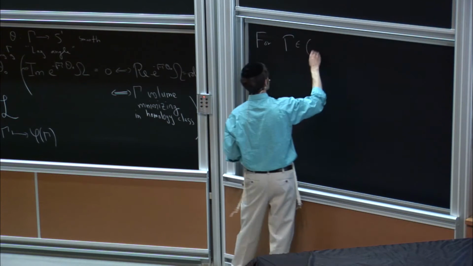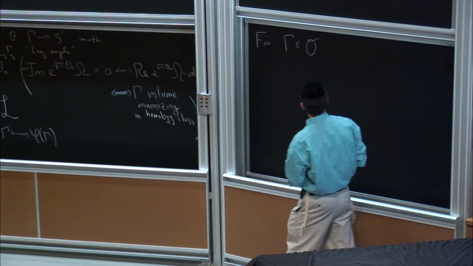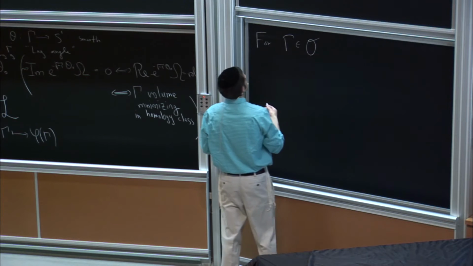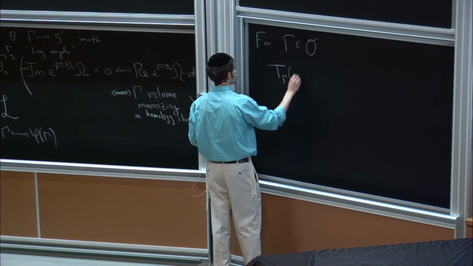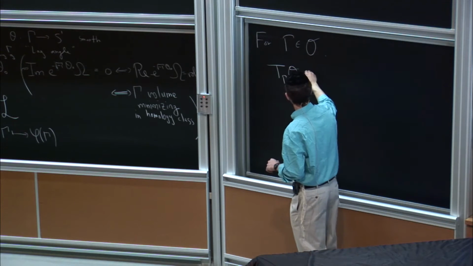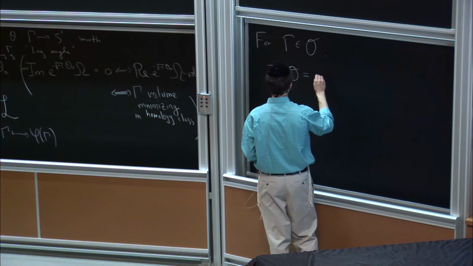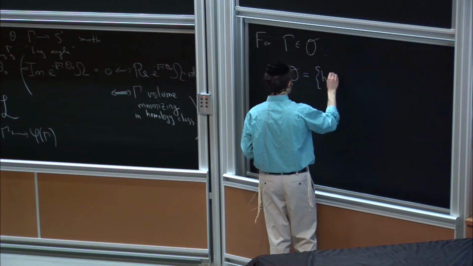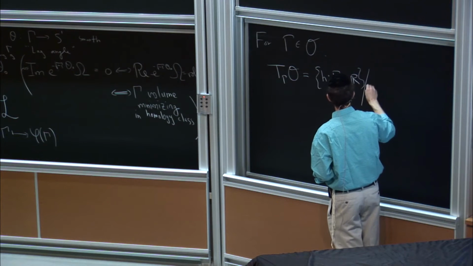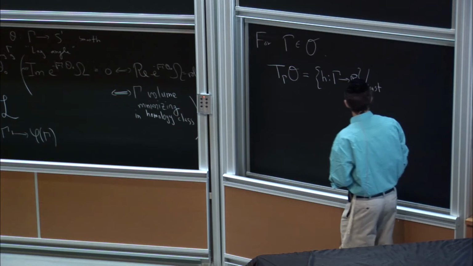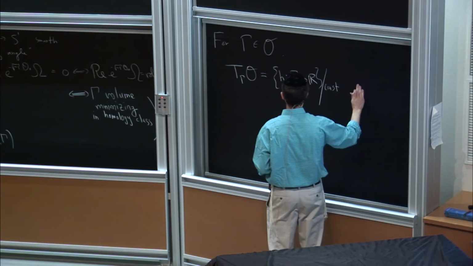If we fix some Lagrangian inside of this orbit of positive Lagrangians, then we can look at the tangent space of the orbit at gamma. Well, that's going to just be the same thing as functions on gamma, of course, mod constants. And the first nice thing about positive ones is there's a canonical way to choose this constant.